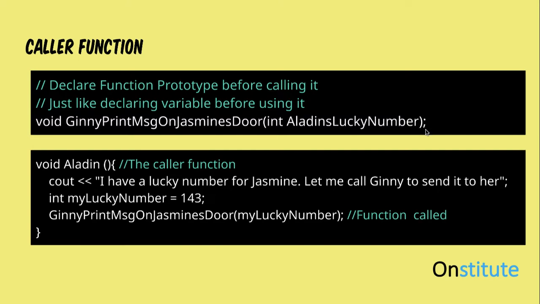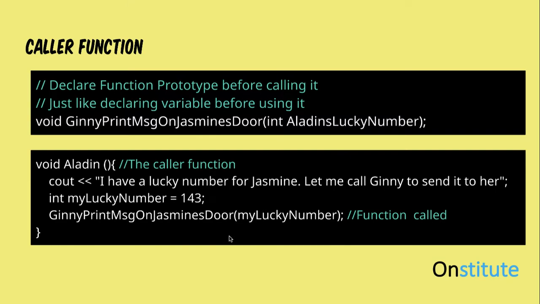And at the end of this line, there should be a semicolon, just like any other C++ statement. Now, once you have declared this function like this, then you are free to call this function with proper parameters, like any integer. In this case, Aladdin called this function with the my lucky number parameter.